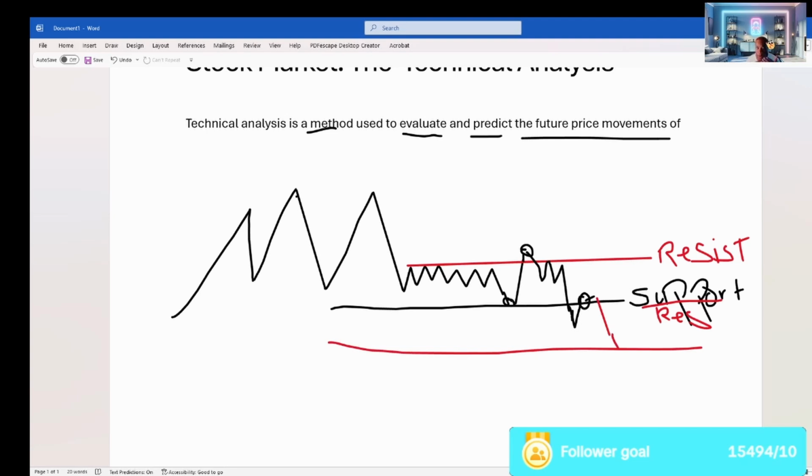That's why we say resistance can become support and support can become resistance. That's why I told you the stock does only three things every day, but most of the time it is doing two things.